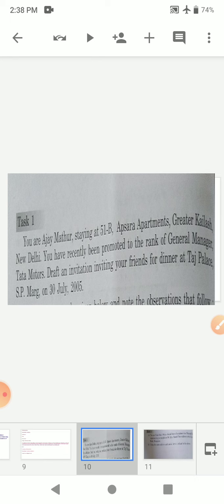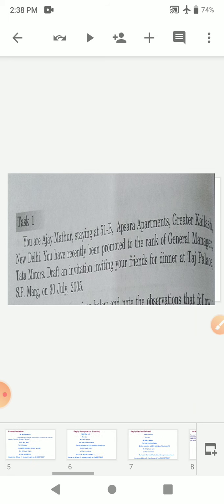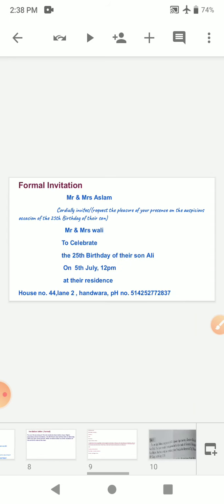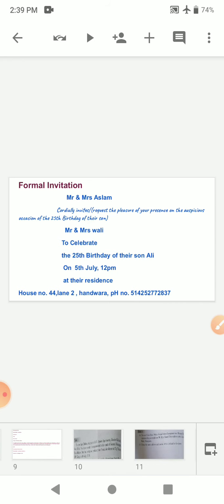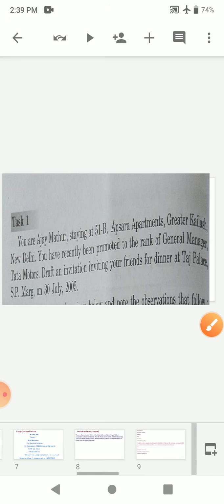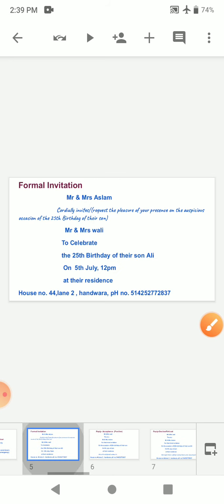Draft an invitation inviting your friends for dinner at Taj Palace, SP Marg on July 2, 2005. So you will write this way, because you are supposed to just invite your friends, to draft the invitation, a simple invitation. So you are going to write in this way.